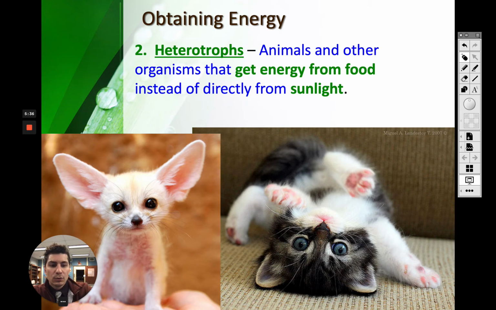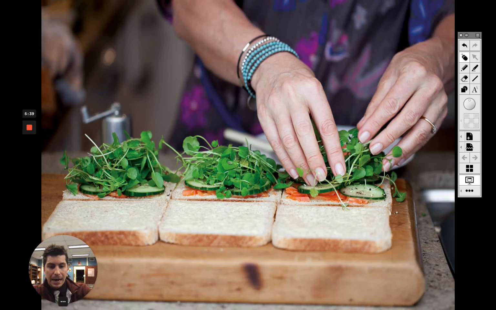So for heterotrophs, okay, I do not want you to think this is an autotroph. This lady is obviously making a lovely, looks like cilantro maybe, and a lot of cilantro, and cucumbers, maybe some salt and pepper on there, it looks like, with some tomatoes underneath. She's making a sandwich, obviously a vegetarian sandwich, but this is not an autotroph, okay?